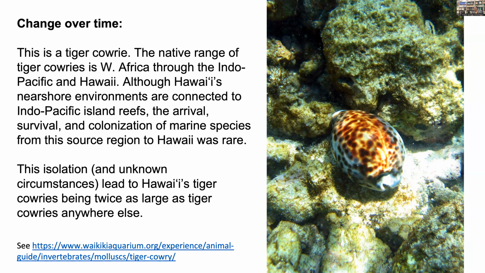And so the genetics of our tiger cowries enabled it so that we have larger tiger cowries here. We don't know why, though. More better, more food, who knows? Maybe we don't have all of the effective predators of tiger cowries. I have no idea.